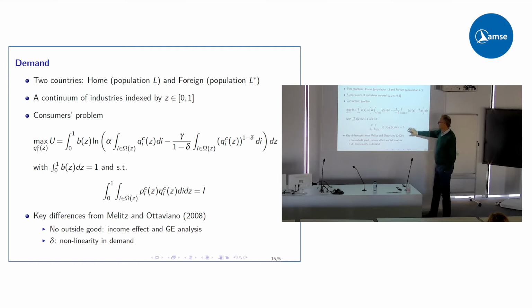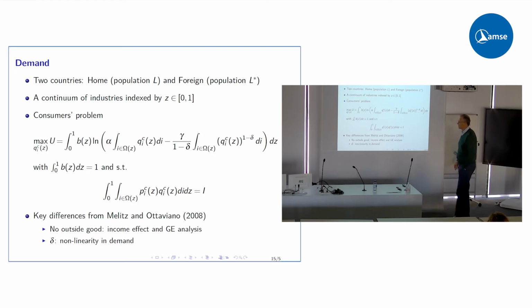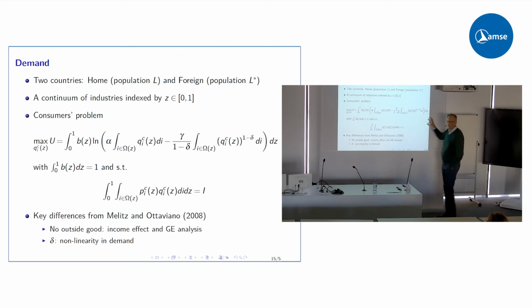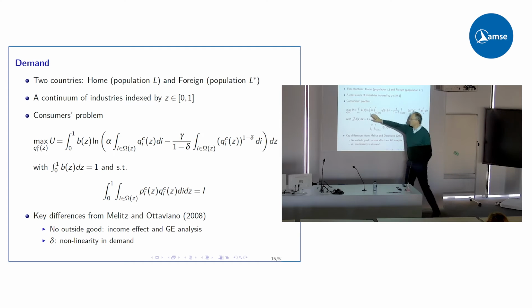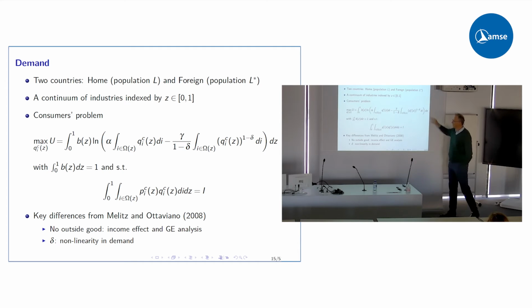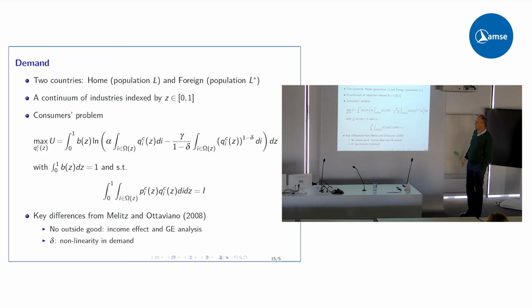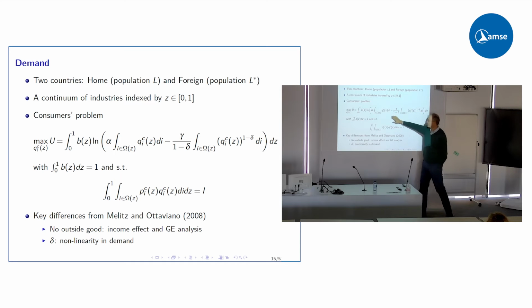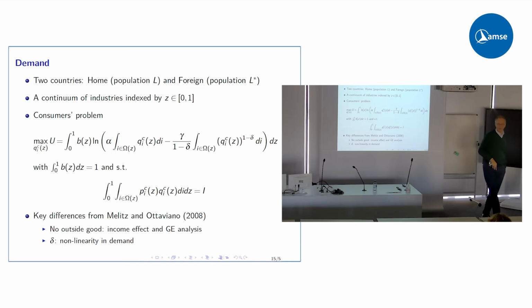And the utility is this animal that looks strange, but it is not that strange. First of all, there is a log here and the B in front. So there is an upper tier utility that is Cobb-Douglas, because then, of course, you can bring the B up here. Inside this top utility, there are sub-utilities that are defined over sets of available varieties of different products.